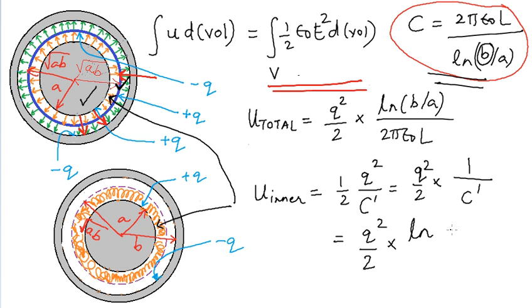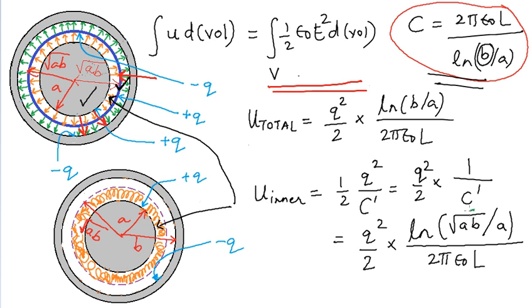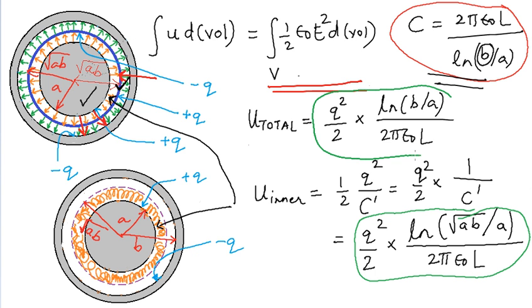So I have ln of root of AB divided by the inner cylinder's radius A, divided by 2 pi epsilon naught, where the length of the capacitor is still L. All you have to do now is divide this expression, which is U inner, by the expression for U total, and using normal rules of algebra prove that the answer is 1 by 2.